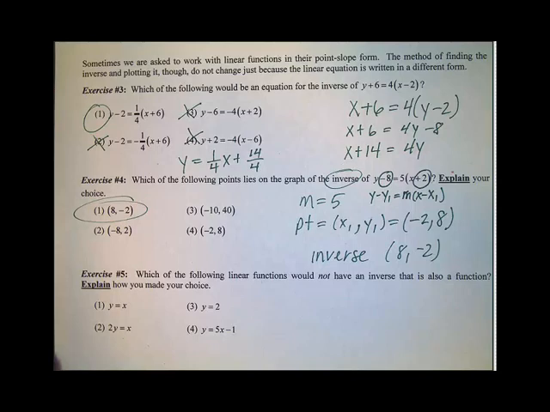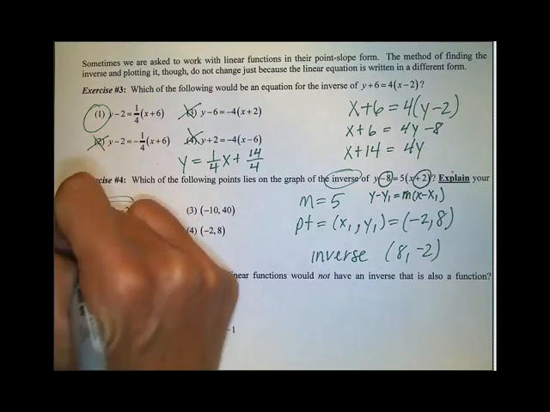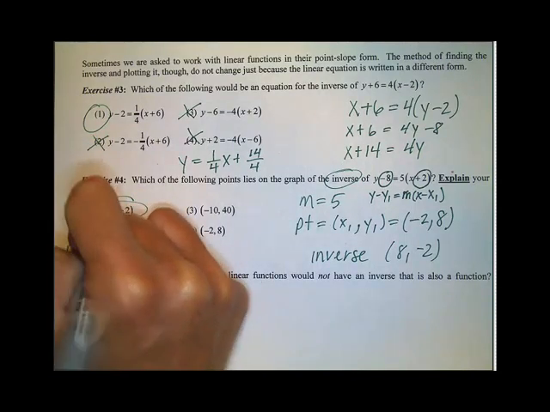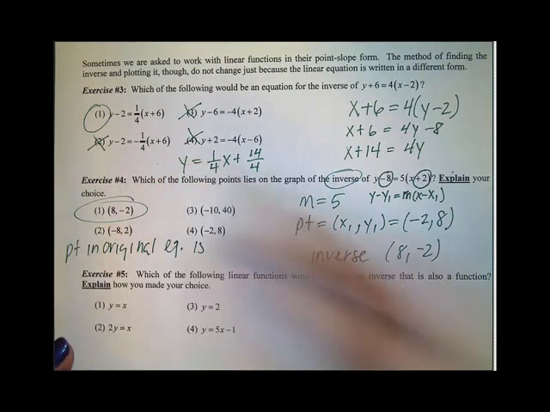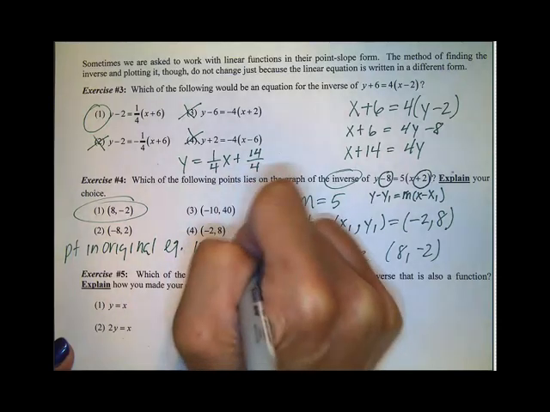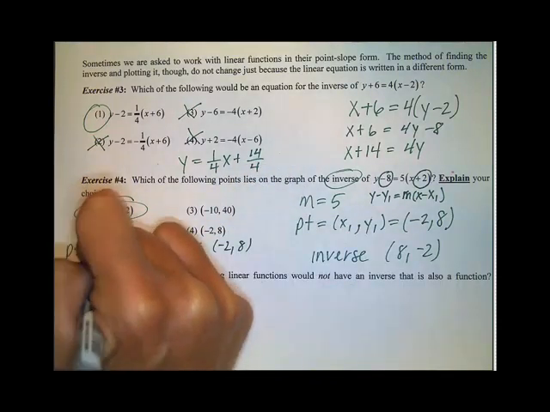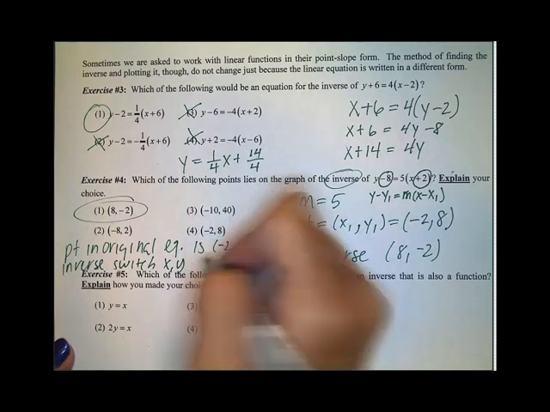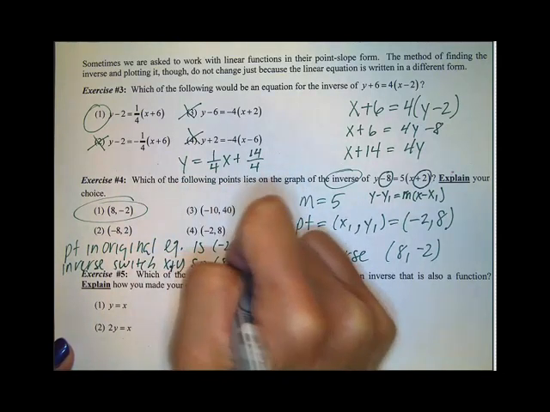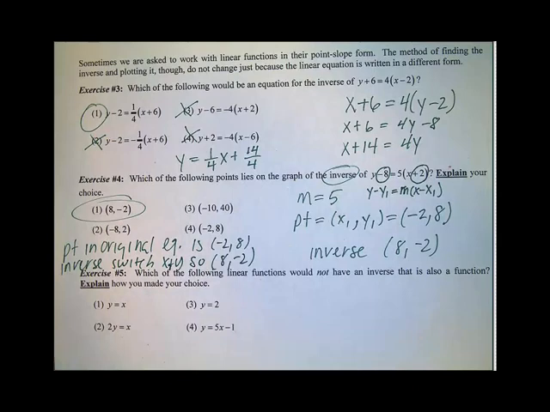We could say the point in the original equation is -2, 8. Inverse, switch x and y, so 8, -2. It doesn't have to be a giant paragraph. It just has to explain the steps in the math that you did.